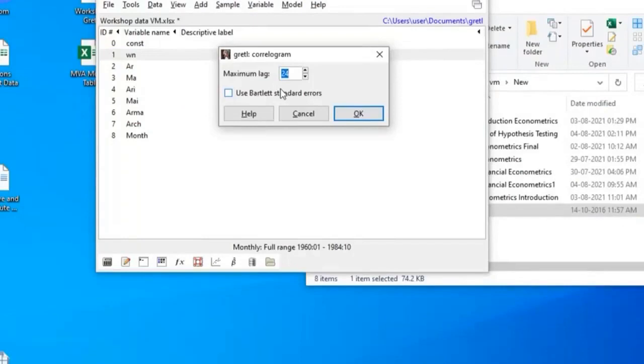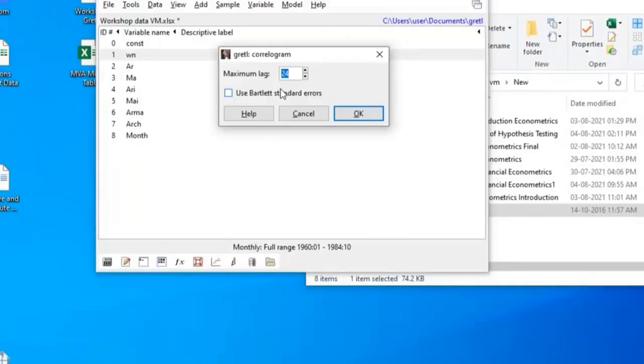That is the homoscedasticity assumption. So if we are using a constant variance assumption, then we can use the Bartlett standard error. Anyway, it doesn't matter in this case. Either we can use this one or otherwise, because the standard error of the confidence interval is given in terms of 1.96 divided by root T, where capital T is the sample size.